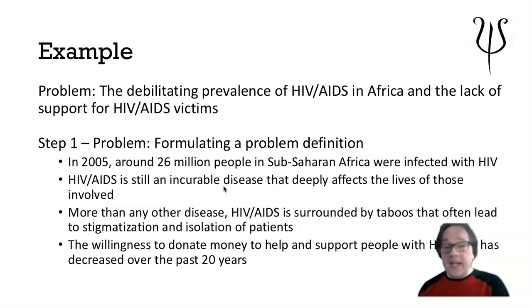More than any disease, HIV/AIDS is surrounded by taboos that often lead to stigmatization and isolation of patients. So we're starting to get into the lack of support here, and also we're starting to narrow down a little bit who our target population is, or at least one of the populations of interest to us, right?